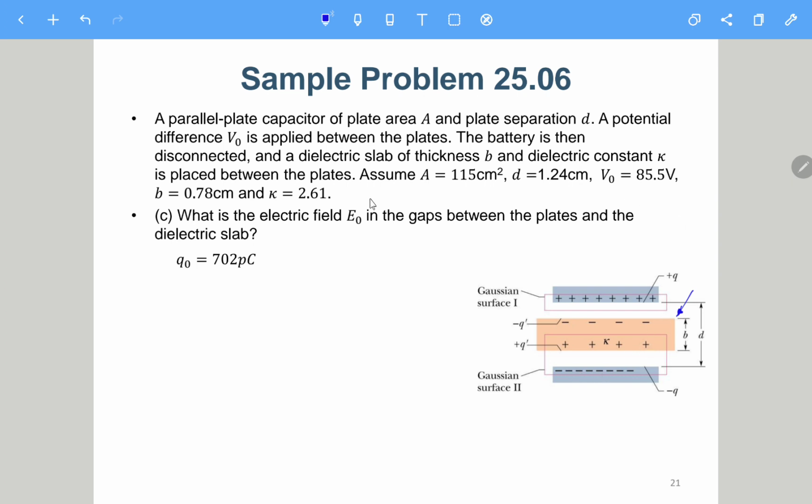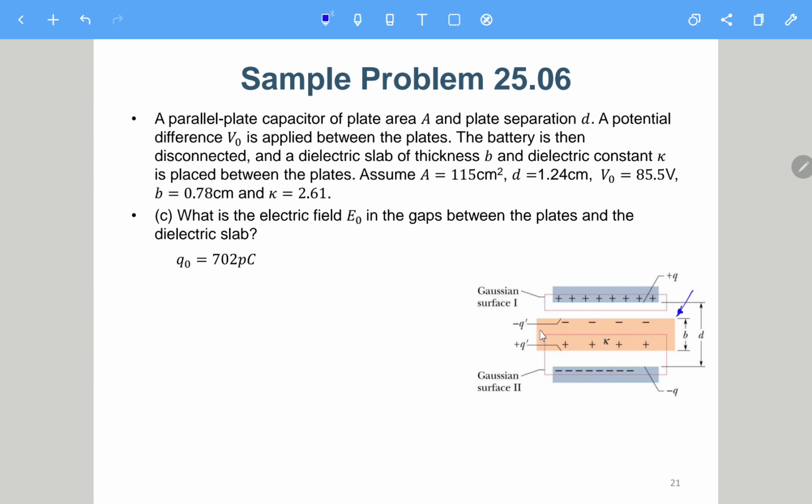B is only 0.78 centimeter, and D is 1.24 centimeter. So there will be a gap between the slab and the plate. Maybe this one moves higher or lower, but it doesn't really matter. You can put it touching the top plate, touching the bottom plate, or in the middle.